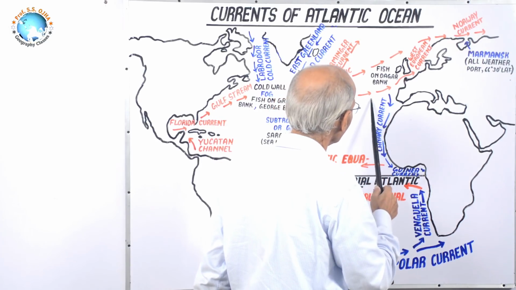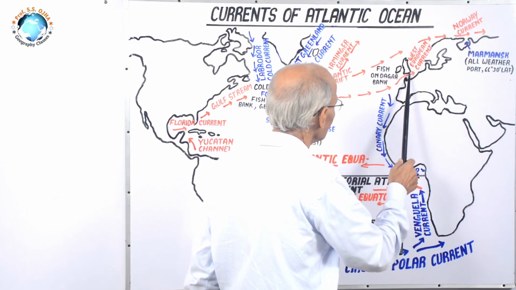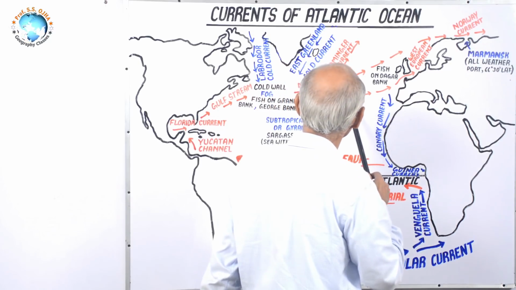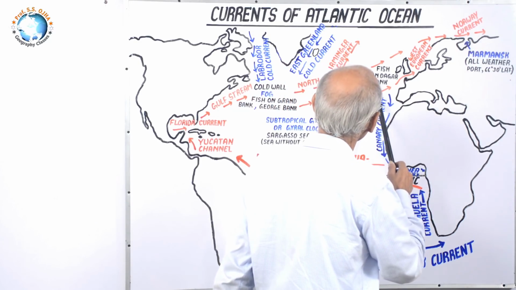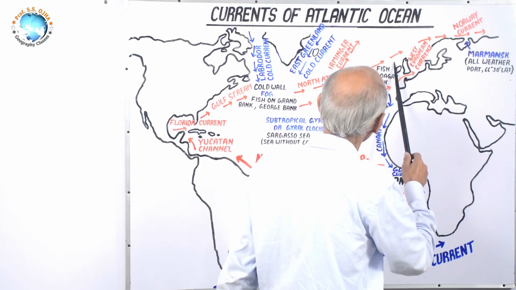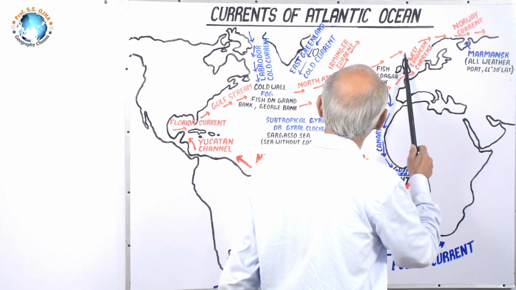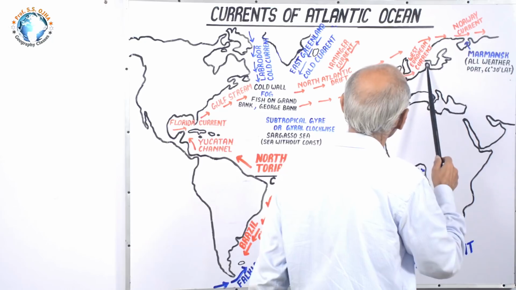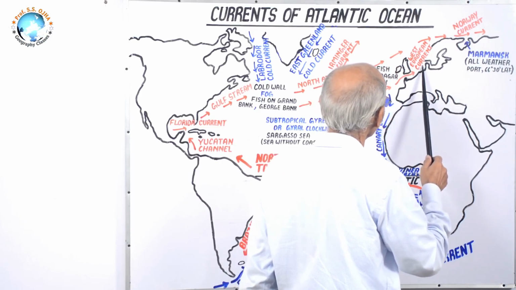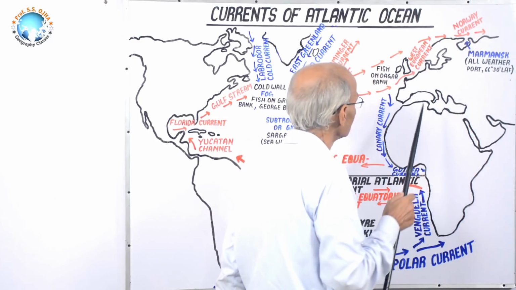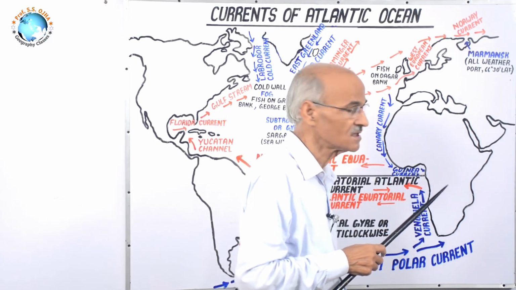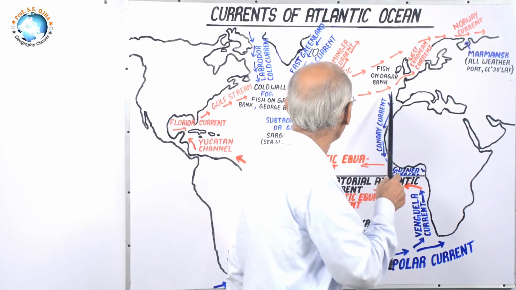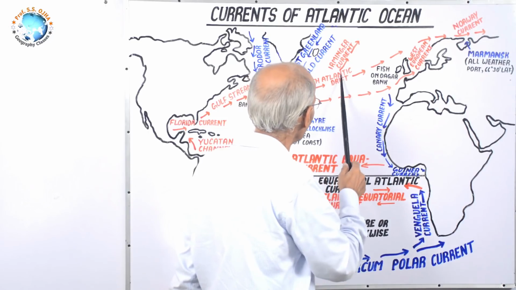The southern one reaches the south of the United Kingdom, and the northern branch passes through the north track, north of the United Kingdom, and both meet in the North Sea. As you know, this North Sea has relatively cold water, and this is the warm water of the North Atlantic Drift.